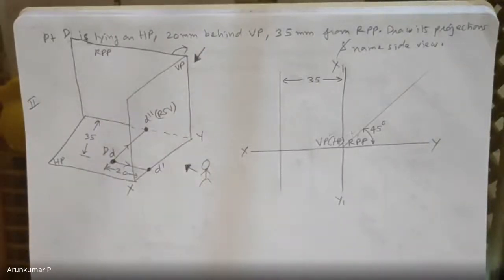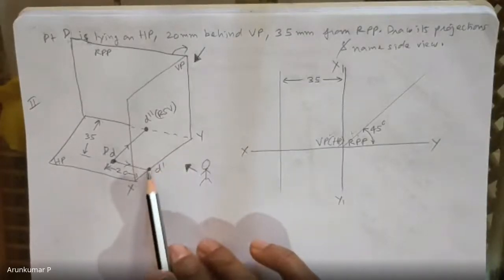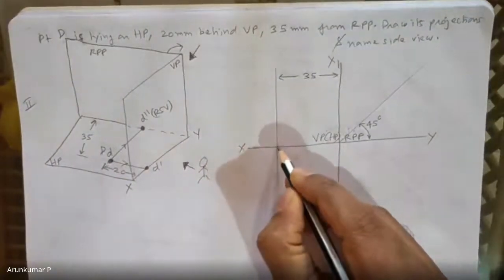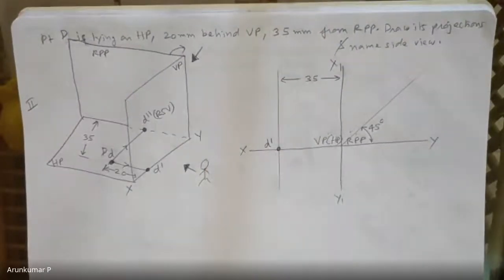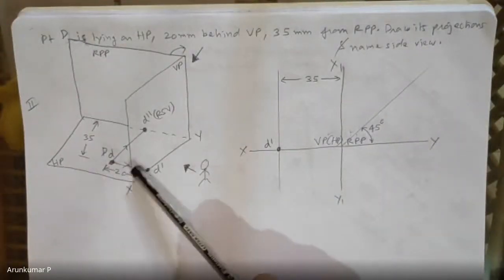So let us see where I get the front view. You know where we are going to get the front view: on the XY line. So here, on the XY line, you will get D dash, the front view. Where will I get D, the top view?